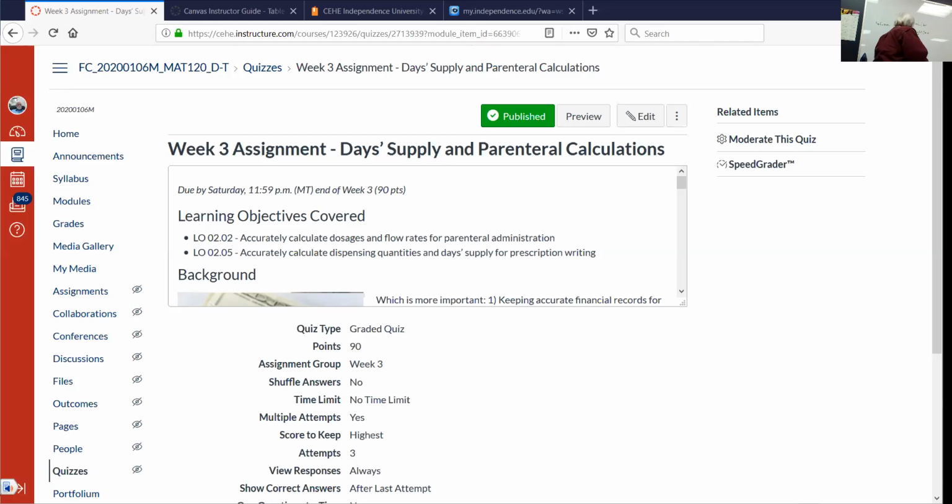Okay, remember that the flow rate, in this kind of a question, is going to be assumed to be a pump. All right? So the flow rate is milliliters per hour.